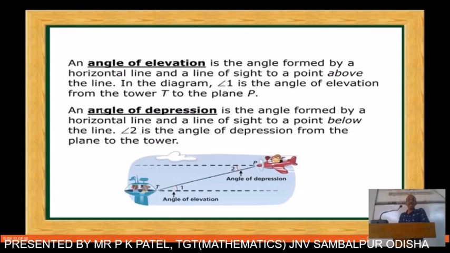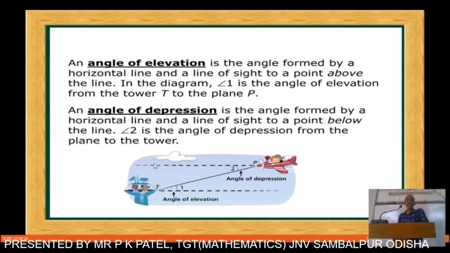Next, an angle of depression is the angle formed by a horizontal line and a line of sight to a point below the line. Angle 2 is the angle of depression from the plane to the tower. Mark, if a person is observing from the plane to the tower, then what happens?